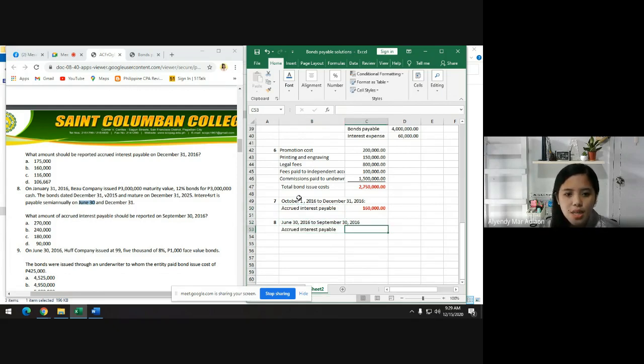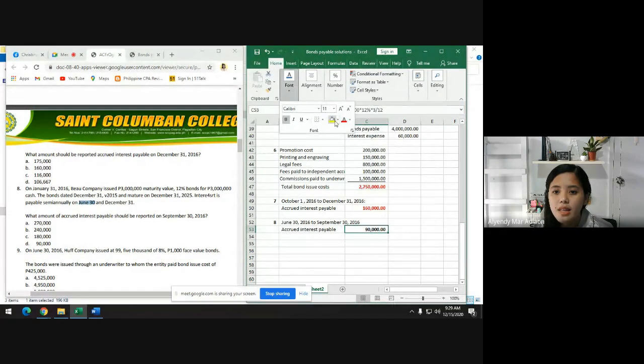How much is the accrued interest payable? Face value of 3 million multiplied by the interest of 12%. And then multiplied by the number of months. So, starting from June 30. So, July 31, August 31, September 30, that is 3 months. So, 3 over 12, then we have accrued interest payable of 90,000.